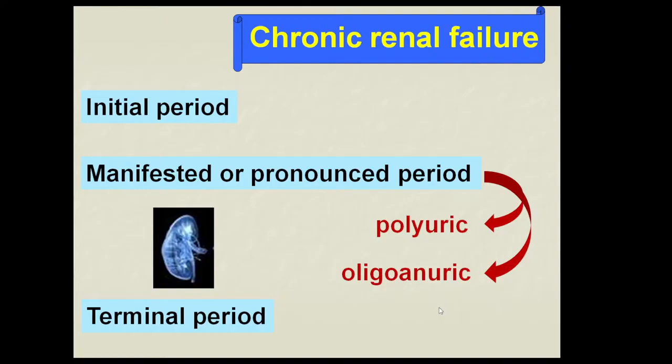Remember, please, the same principles for classification of chronic failure for any organ: initial, invisible; manifested because visible; and final, terminal, due to involvement of other organs.